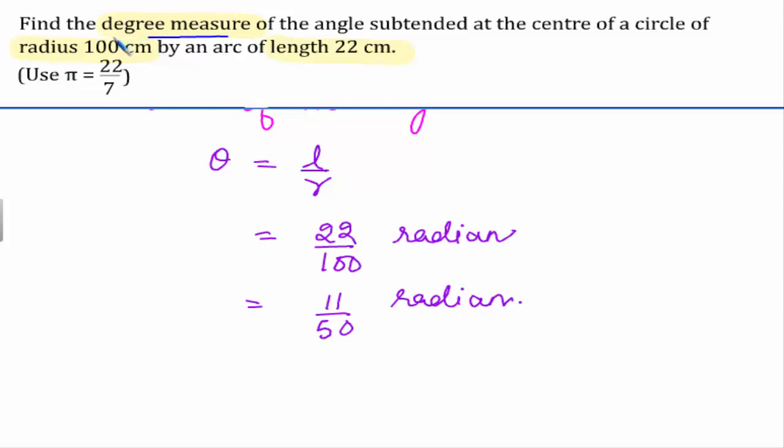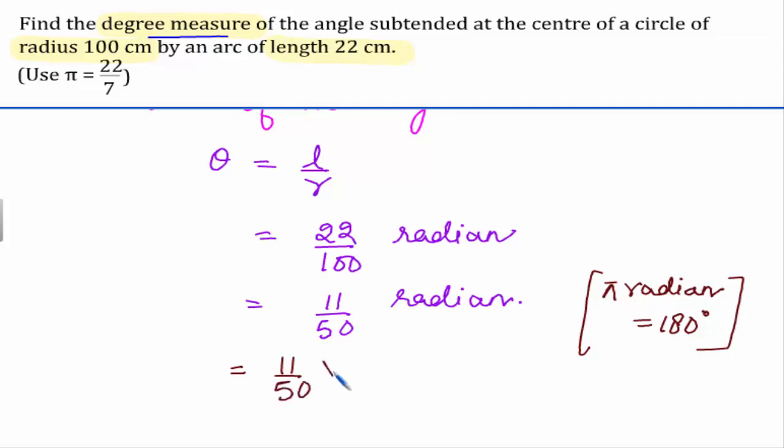Now we have to convert this into degree measure, and we know that pi radian is equal to 180 degrees. Therefore this can be written as 11 upon 50 into, then 1 radian is equal to 180 divided by pi degree. So here we have 180 divided by pi degree.